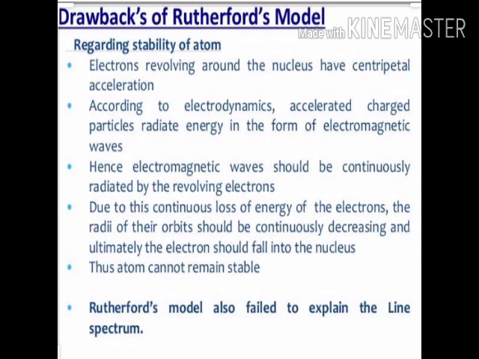The electrons ultimately are going to fall into the nucleus. That's what his model predicted, but this was found not to be correct. If it happened, then the atomic model wouldn't be possible.